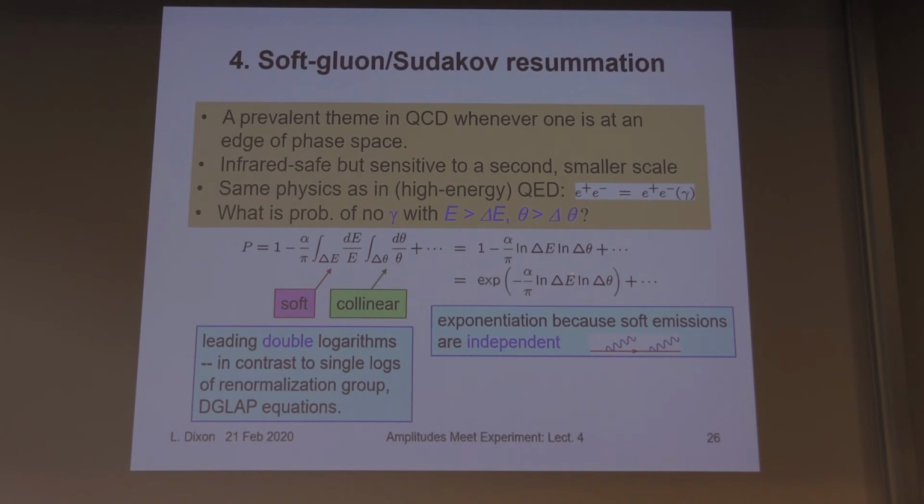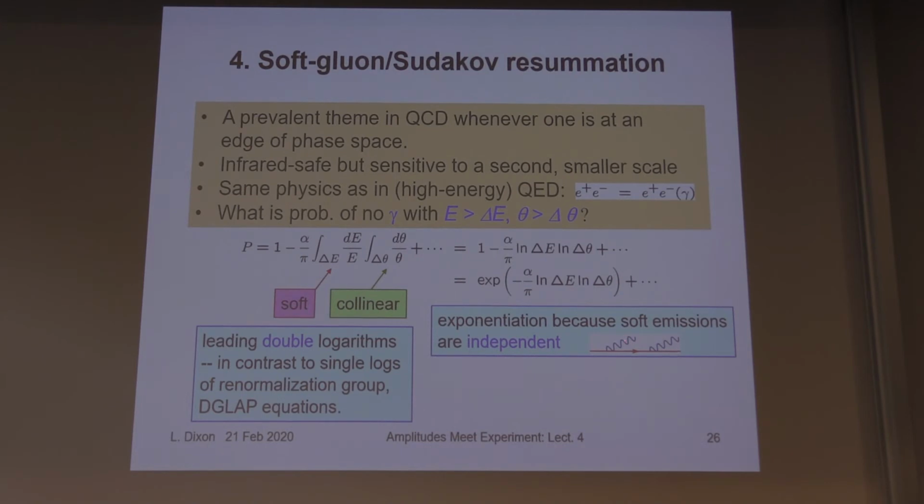And if you invent a variable in the QCD case that is a combination of delta E and delta theta, you can see that you're going to get something that looks roughly like e to the minus alpha over pi log squared of that variable. In the QED case, the exponentiation is a lot simpler because the soft emissions are independent.